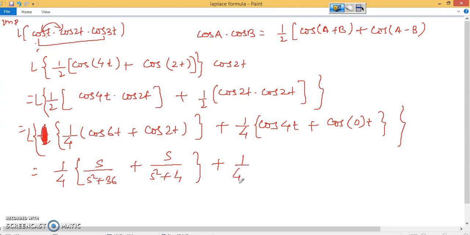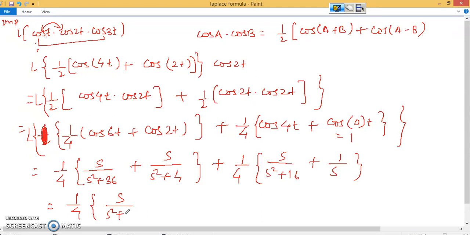Similarly here 1 by 4, and cos 4t Laplace is s by s square plus 16, and cos 0 value is 1, and 1 Laplace is 1 by s. We can take the common also, 1 by 4 into s by s square plus 36 plus s by s square plus 4 plus s by s square plus 16 plus 1 by s. This is a very important question, and that is usually asked in the exam.